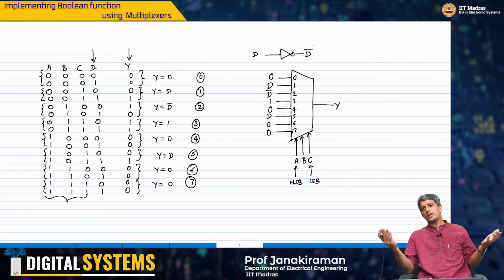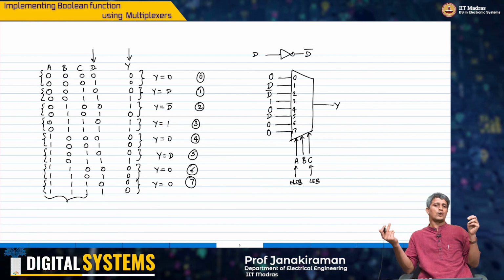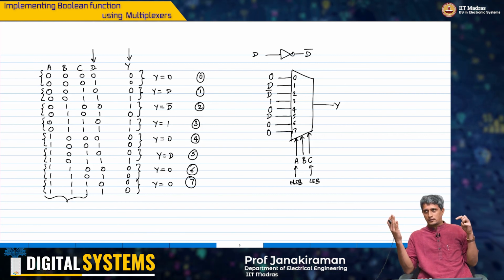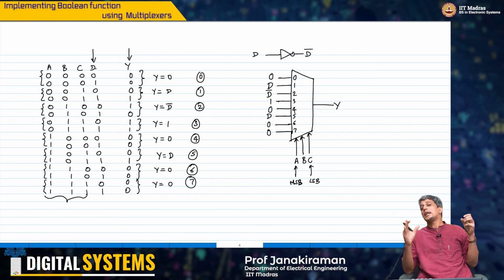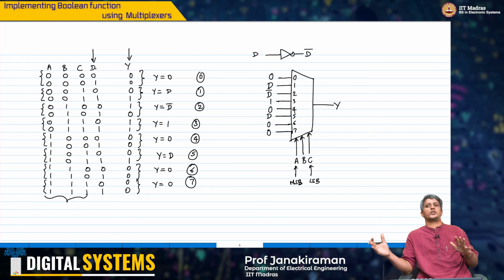So effectively, without having to build a 2 power n to 1 multiplexer, with just a 2 power n minus 1 to 1 multiplexer, you can implement an n-variable Boolean logic function.